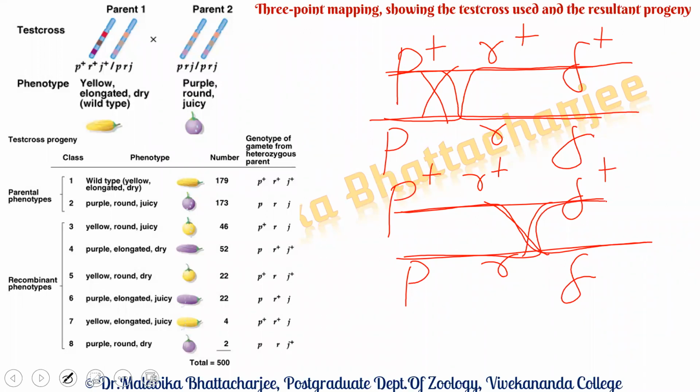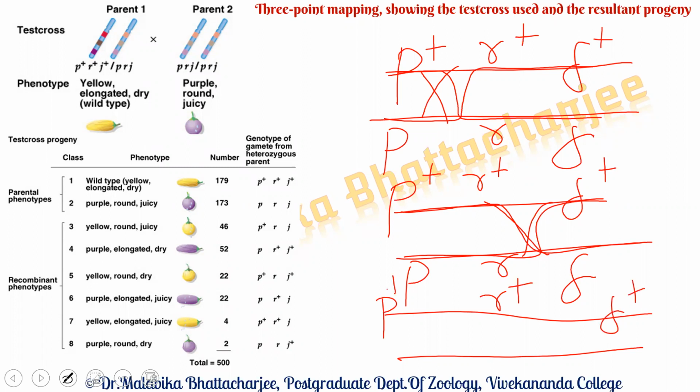And the final crossover that can take place in cases like this, where we have three genes in concern, P plus R plus J plus and P R J, is that simultaneously two events of crossing over are occurring between the two sets of genes.